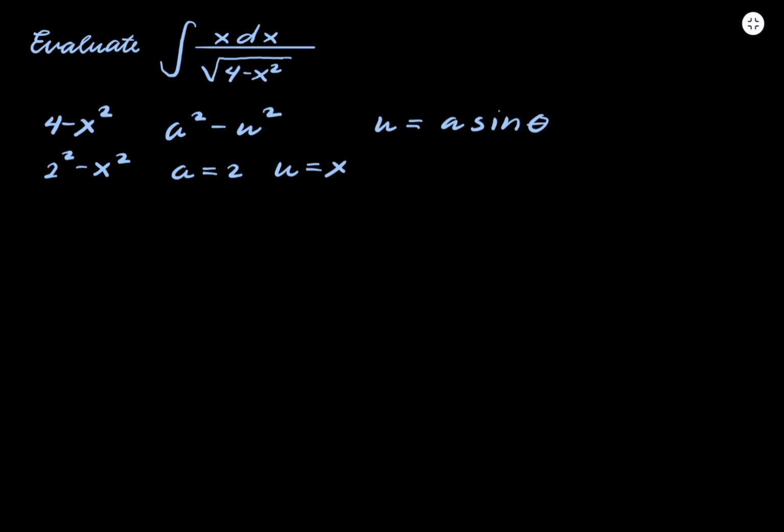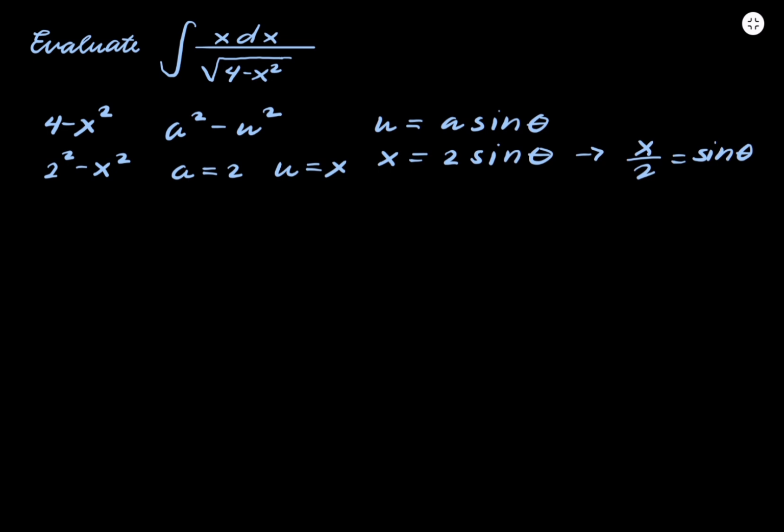Now, what is u? u is equal to x and a is 2. So x is equal to 2 sine theta. So actually from this, if we divide both sides by 2, we have x over 2 equals sine theta, right? Now, let us take the derivative of both sides of this equation.